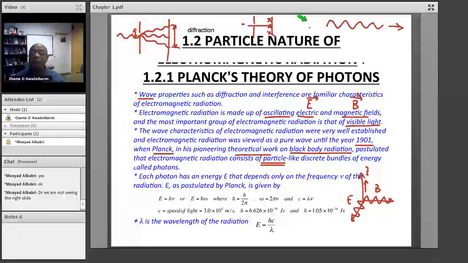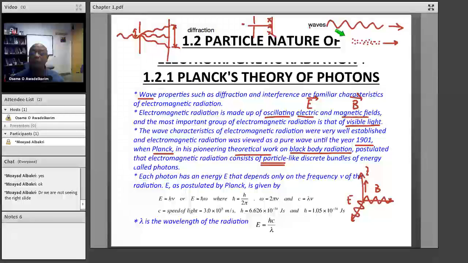Or you can equally and rightly so think of electromagnetic radiations as particles, very small particles, all in lump sum, going in this direction. So many particles, millions, trillions, zillions of these particles moving in this direction. Okay? So you can think of them as particles.